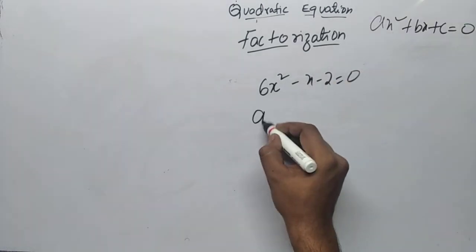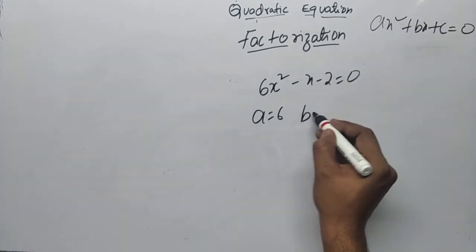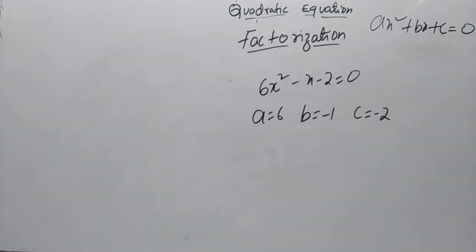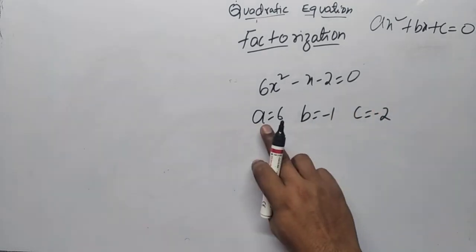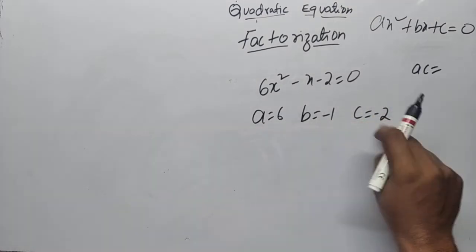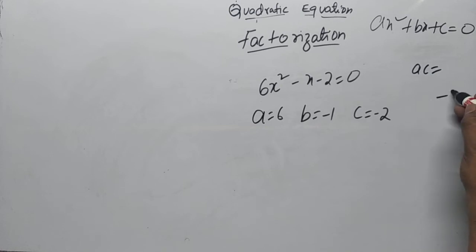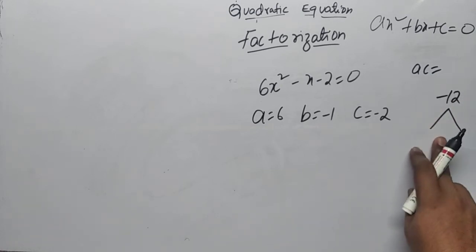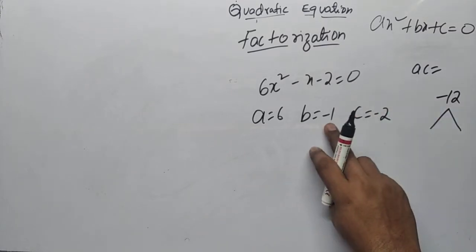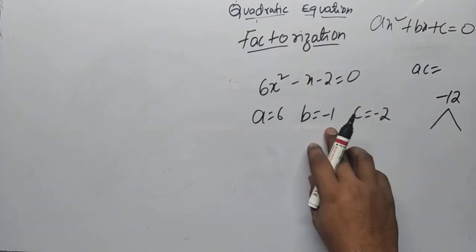Here the a value is 6, the b value is minus 1, the c value is minus 2. As I told you, you have to multiply a and c. When you multiply, 6 twos are 12, so minus 12. Now we have to find the factors so that when you add both the factors, the value should be minus 1.